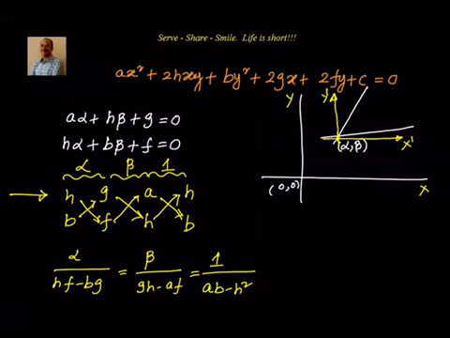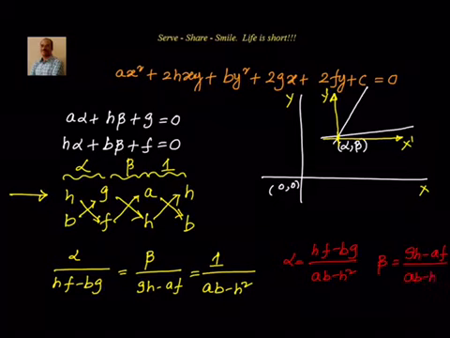So can we write down alpha equal to (hf minus bg) divided by (ab minus h square), and beta equal to (gh minus af) divided by (ab minus h square). So this is the point of intersection of pair of straight lines when the equation is given by second degree non-homogeneous equation. That means the point of intersection of the pair of straight lines is not at 0, 0 but at some particular point alpha beta.